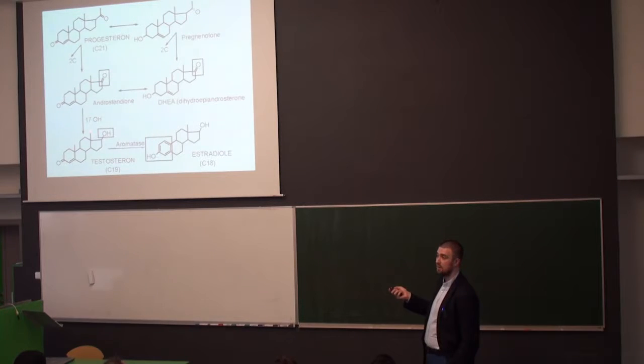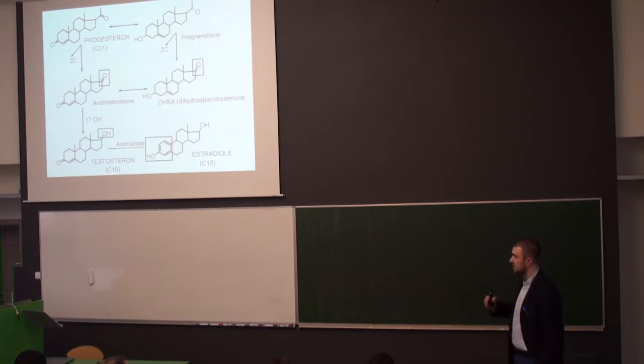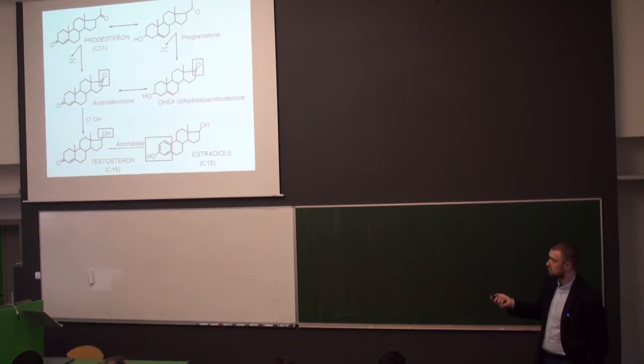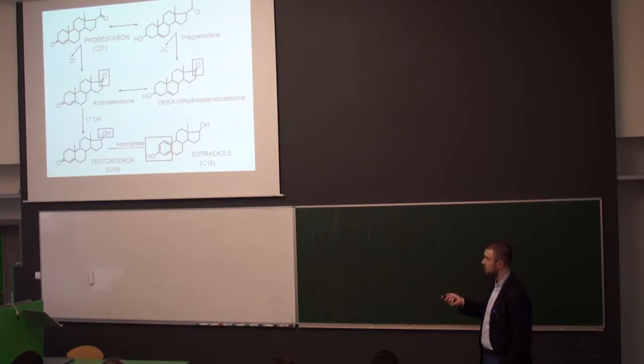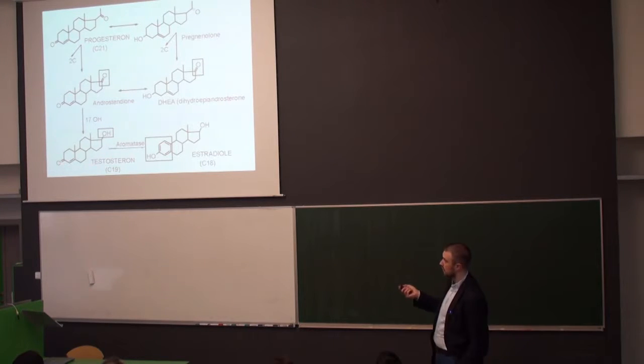This is done by 17-beta hydroxysteroid dehydrogenase. Simply, if you say the reduction, the dehydrogenase, it's enough. It's enough for you only to say, I reduce keto group to hydroxy group. That means that if you see a 19 carbon atom steroid that has here a keto group, and here has the hydroxy group, it's testosterone.